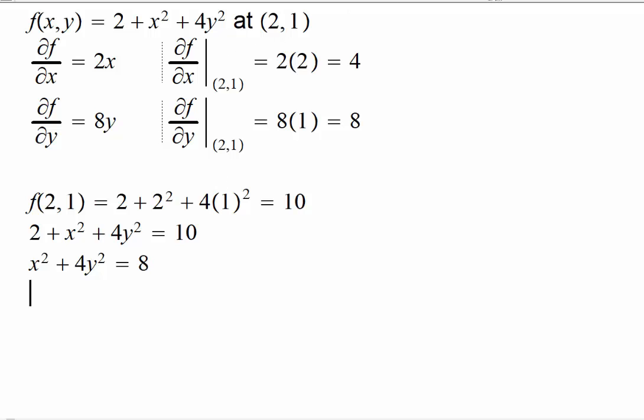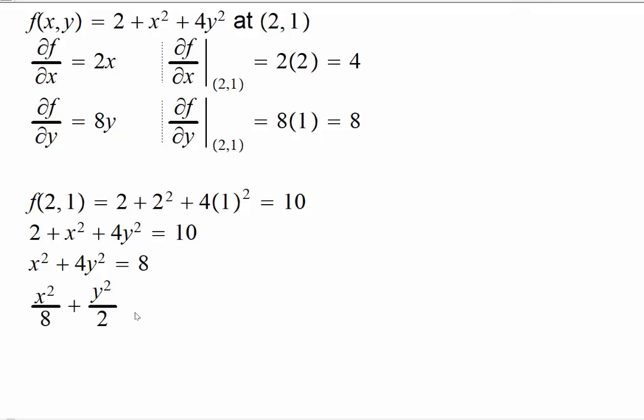x square over 8 plus y square over 2, and that equals 1.